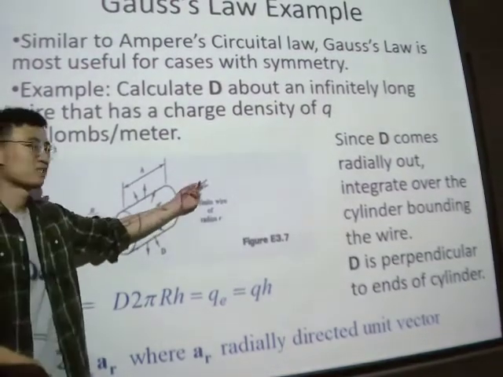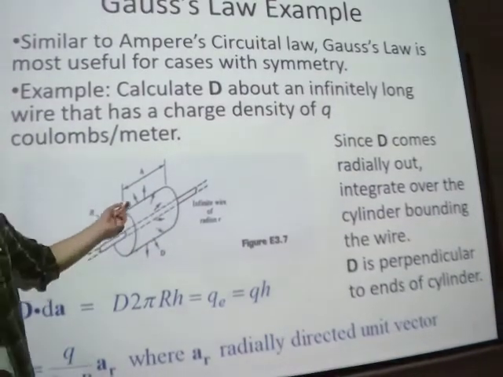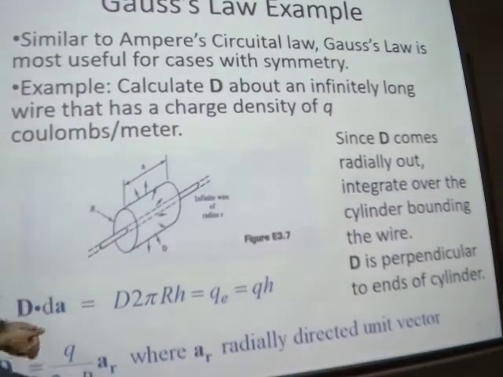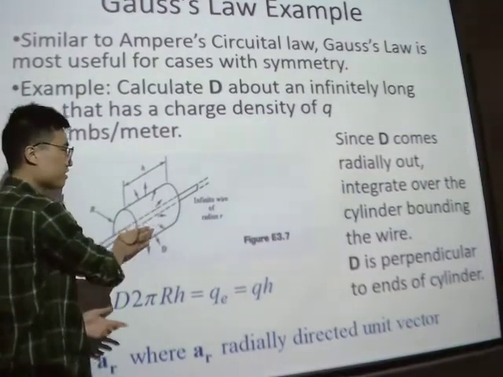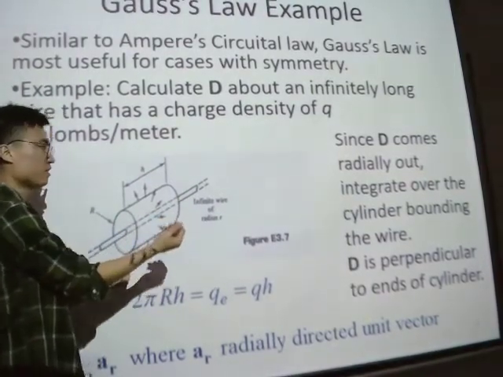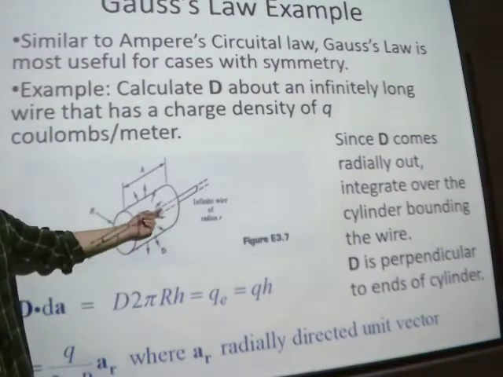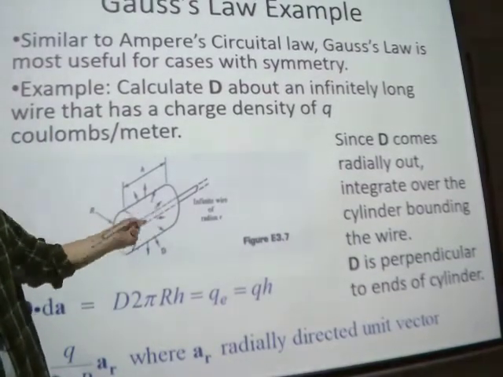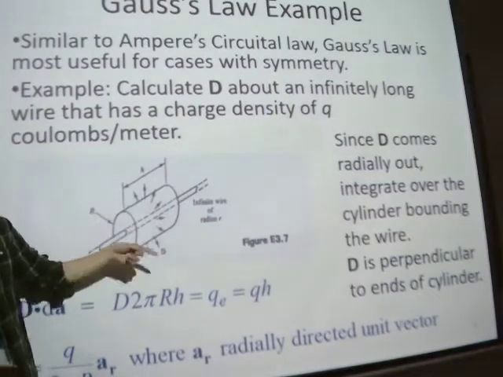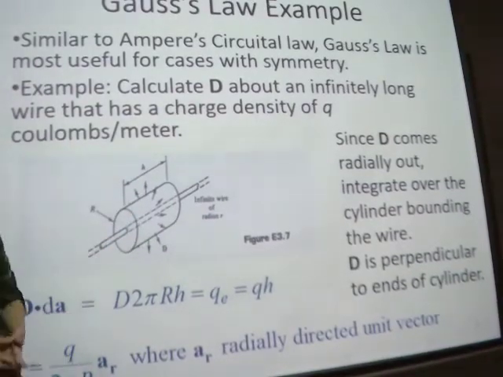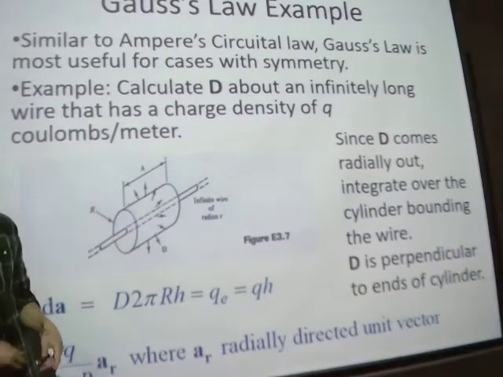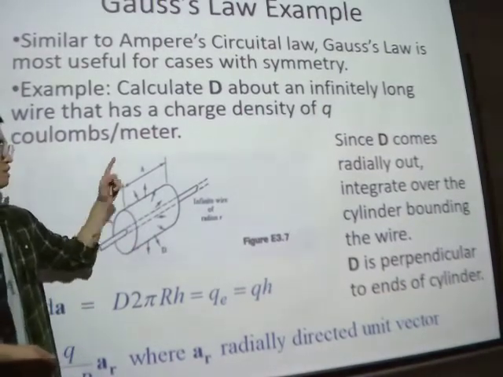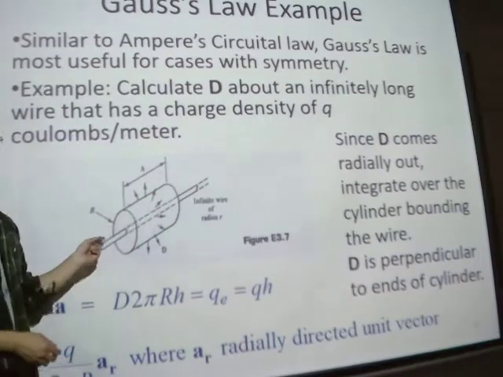This is the transmission line, and this is the surface through which the electric field goes out. You can understand that the field leaves the transmission line in 360 degrees, in all directions, perpendicular to the transmission line.